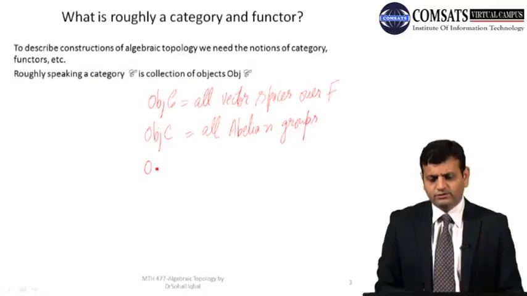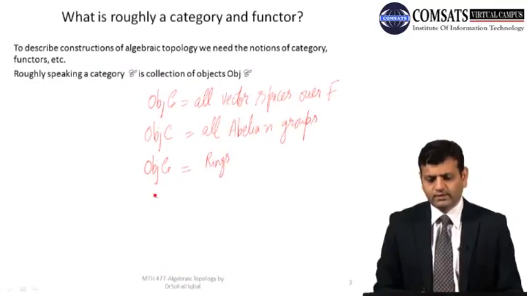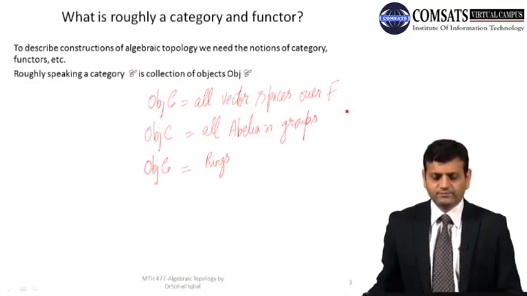And next, we can also discuss a category where the objects are, for example, rings. And similarly, we can take other objects as well. So that's our first component of the category.